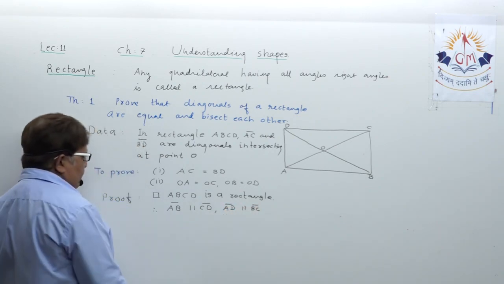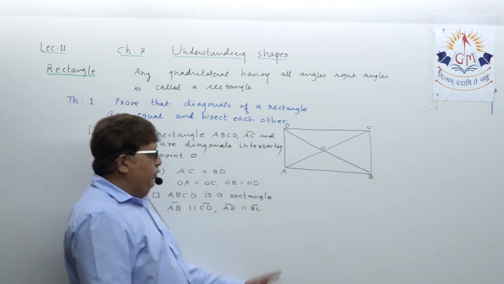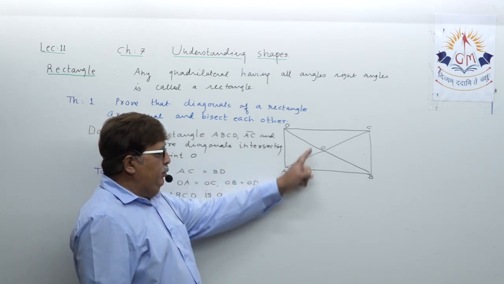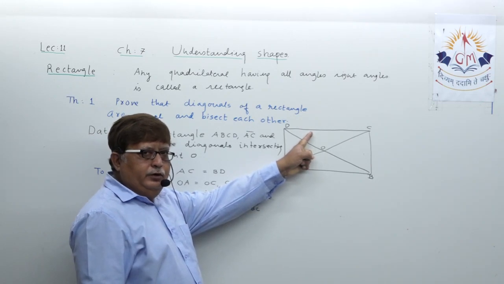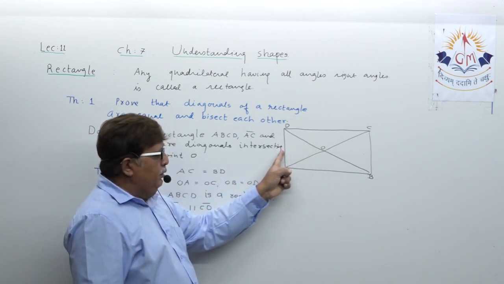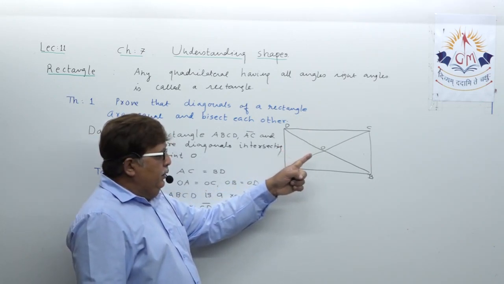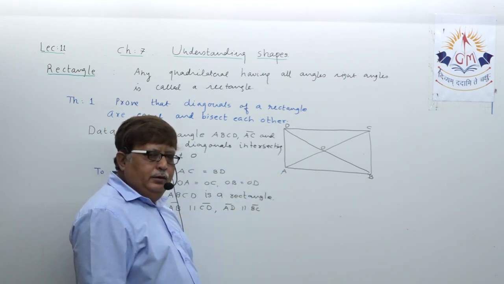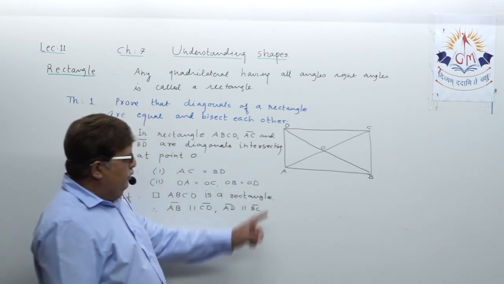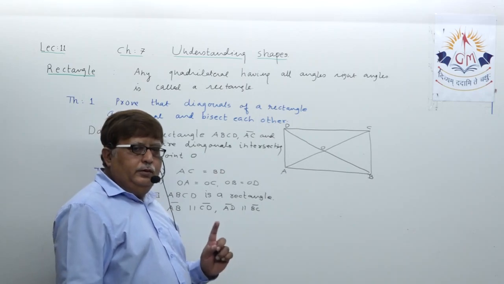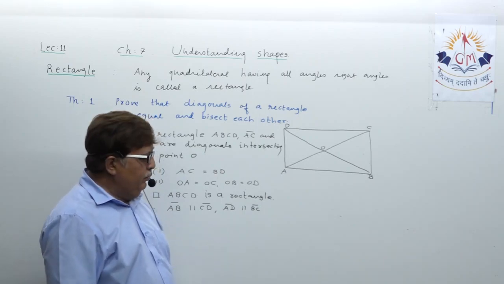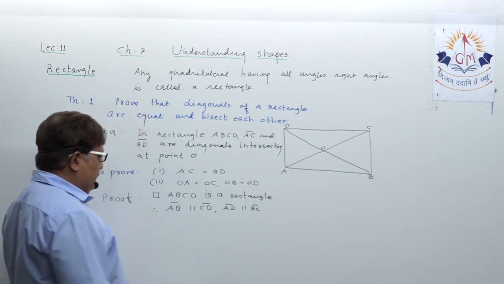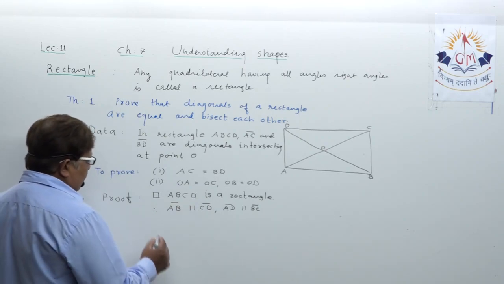Try to understand, both the opposite sides AB and CD, AD and BC. In the rectangle, both pairs of opposite sides are parallel.